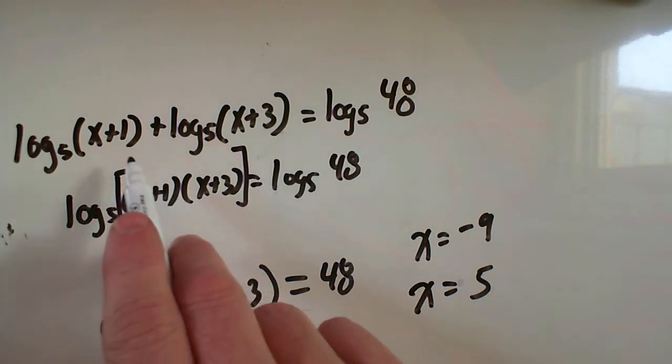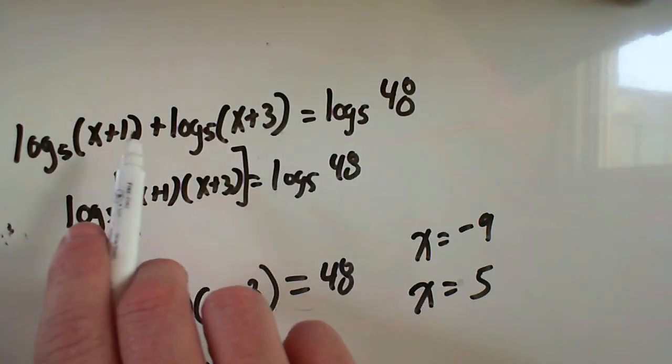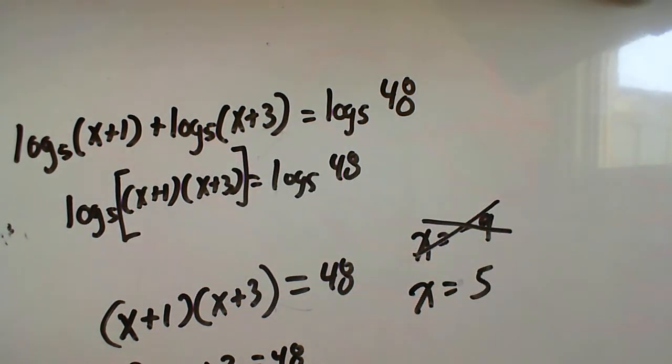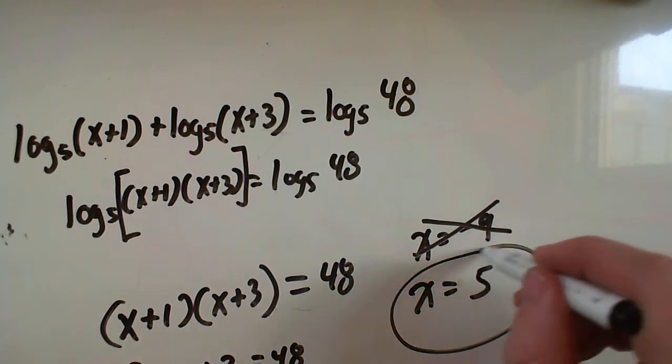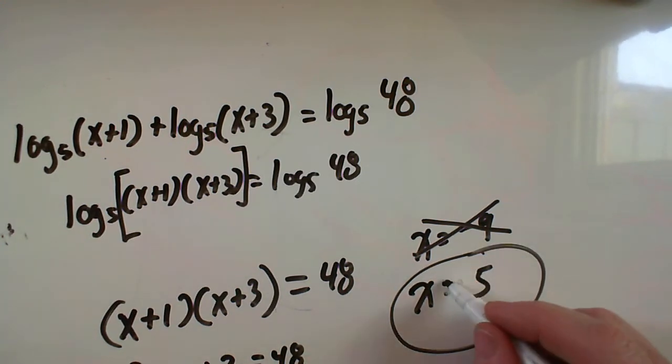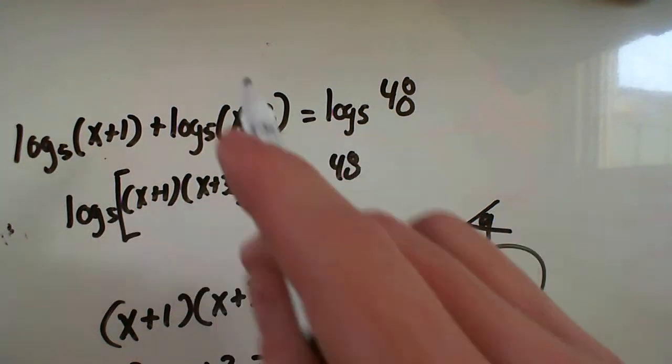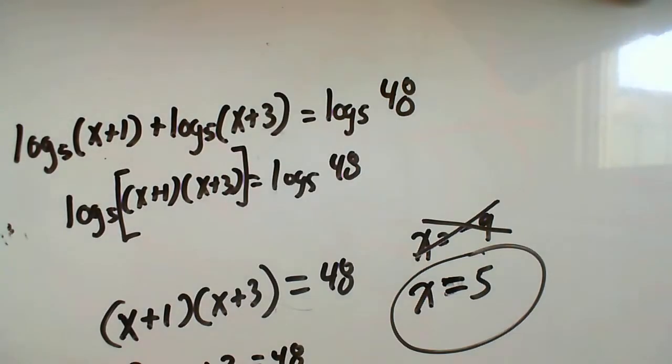If I plug negative 9 in here, negative 9 plus 1 is negative 8. That does not work. You are not allowed to plug a negative in. When we plug in 5, 5 plus 1 is 6, that works. 5 plus 3 is 8, that works. So 5 works for both of those. 5 is a good answer. Negative 9 is not.